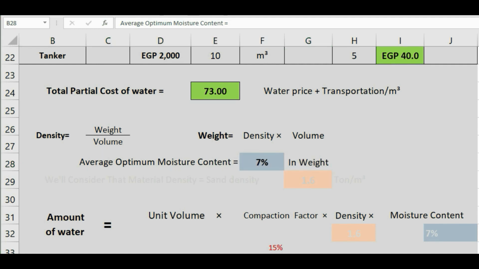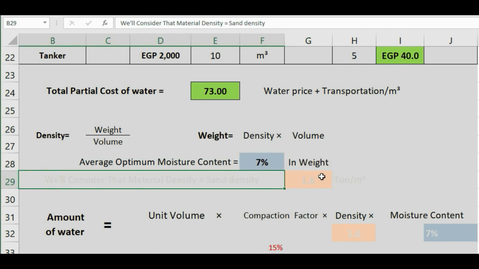Since we are in the studying stage, there is no time to measure the density of the material. We will consider it as a sand density 1.6 ton per meter cubic.